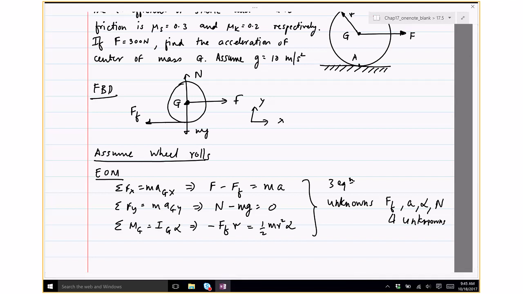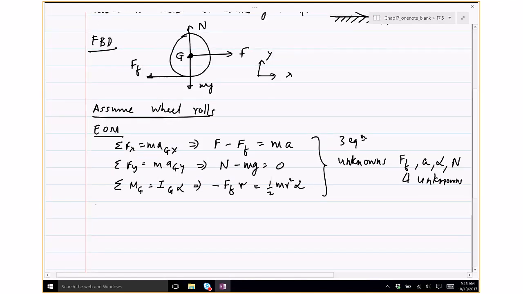So the 4th equation is from kinematics. a equals alpha R. Okay, that's the condition for rolling.